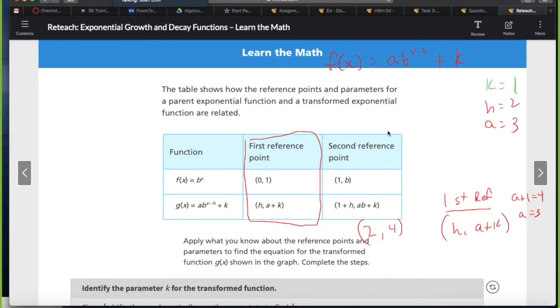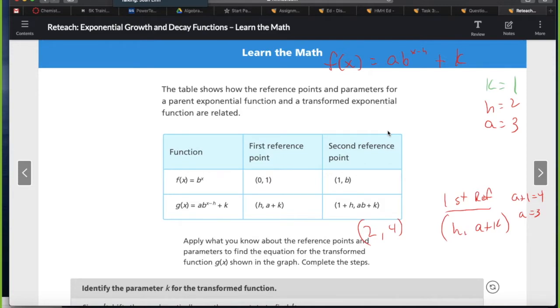But then we have our second reference point: it is 1 to the right. Or if we're talking about generic, it is 1 and then h to the right. So this is going to actually help us get to the right answer.